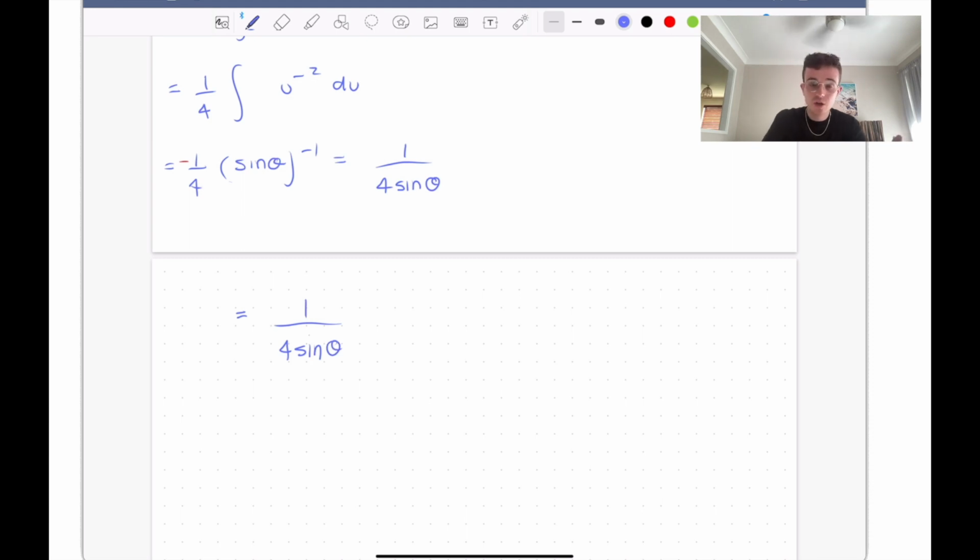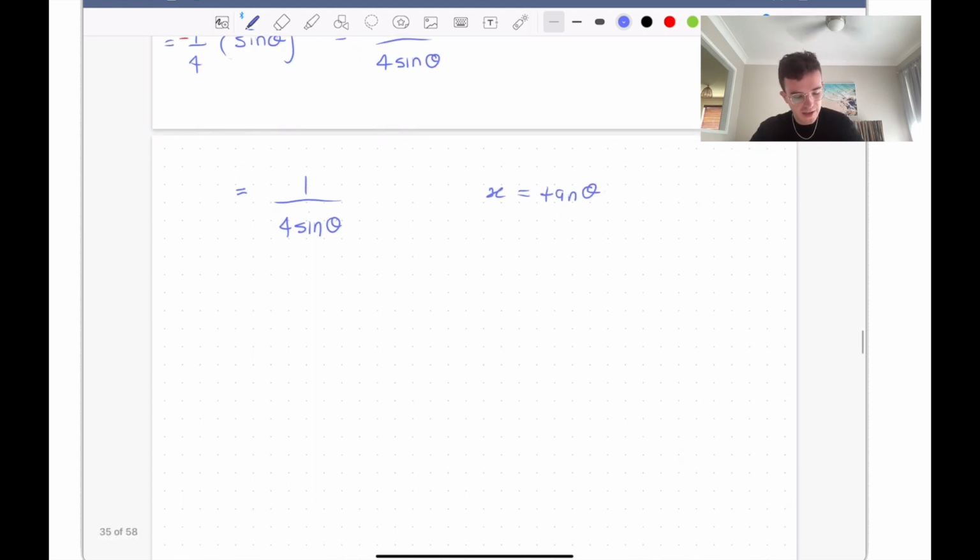But that unfortunately is not an acceptable answer, because we've used the substitution x is equal to tan of theta. And we have to somehow turn sine of theta into something just involving x. We can't turn it into tan is sine on cos. We have to just involve x. So here we're going to use a cute little triangle.